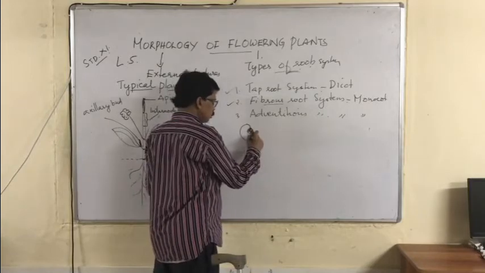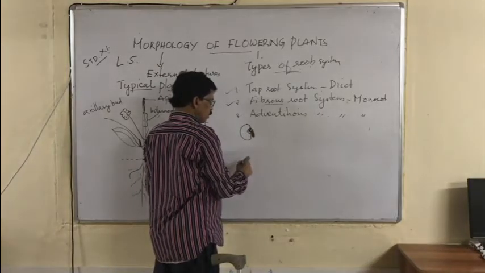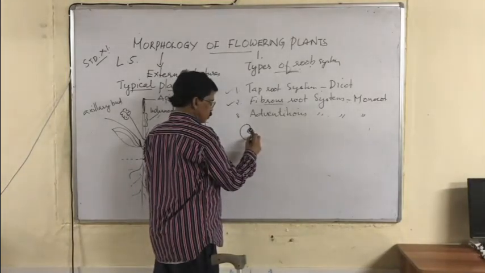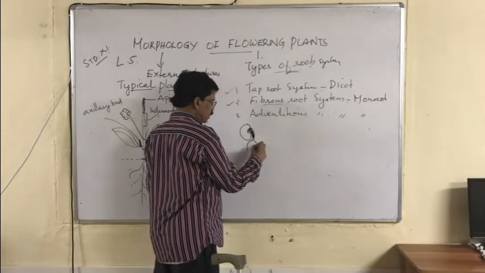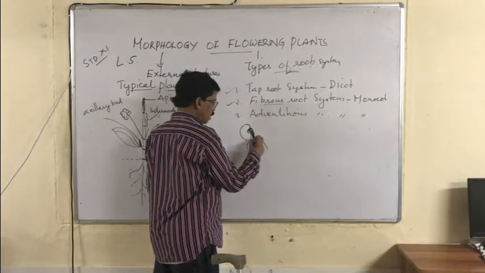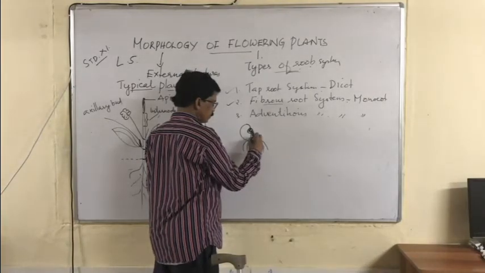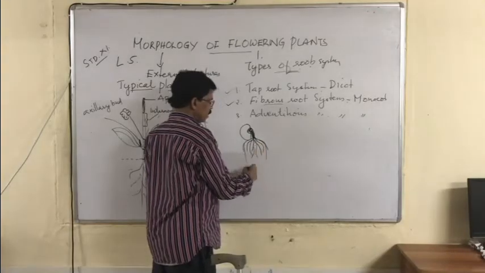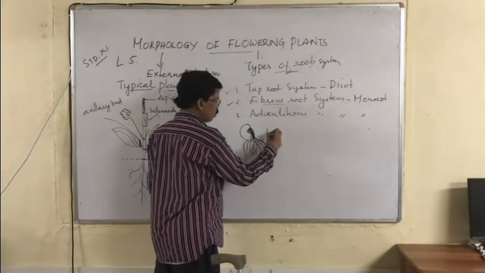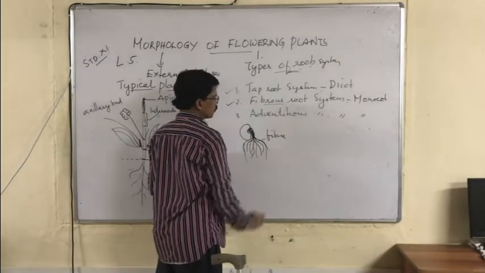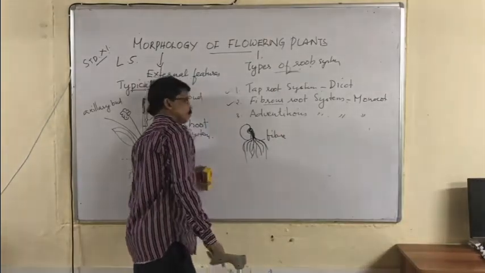Which is the root, the top root or primary root. Okay, this is the root tip. From the root tip, you can see a cluster of fiber-like roots. Such fiber-like roots are called the fibrous root system.